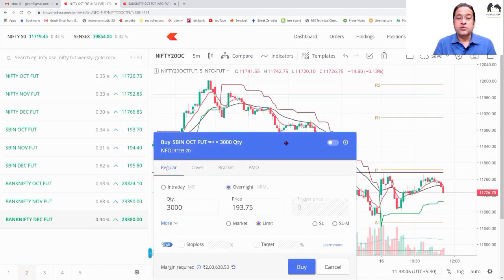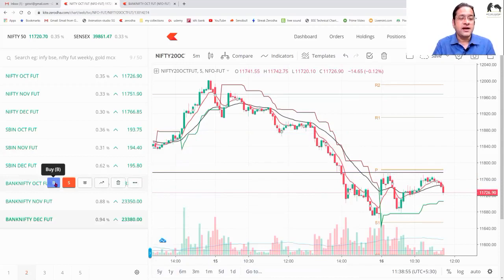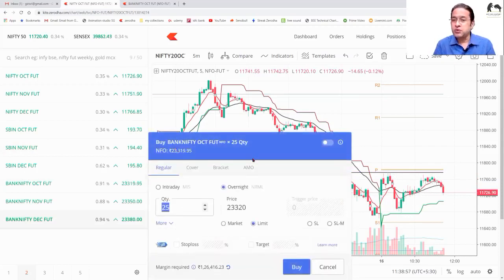Now, what we have understood, Nifty has a lot size of 75, SBI has a lot size of 3,000. Similarly, let's try and understand what's the lot size of Bank Nifty, and also let us look at the margin requirement here. When I look at this, for overnight, 1,26,000 is the margin.